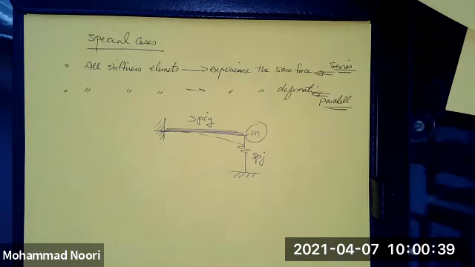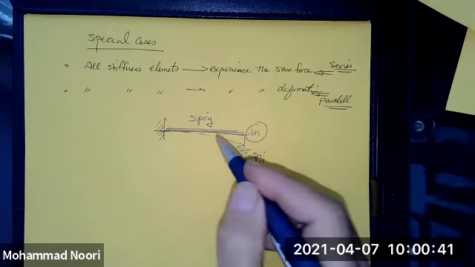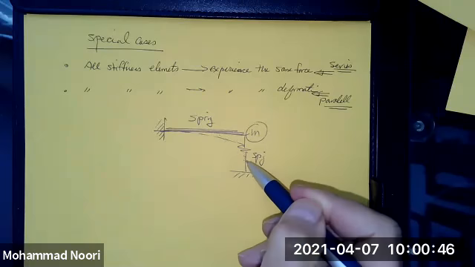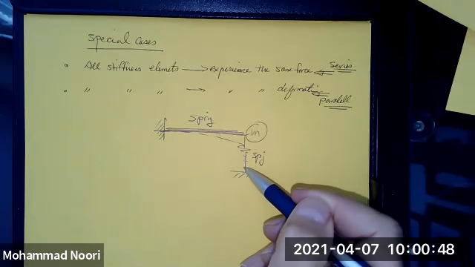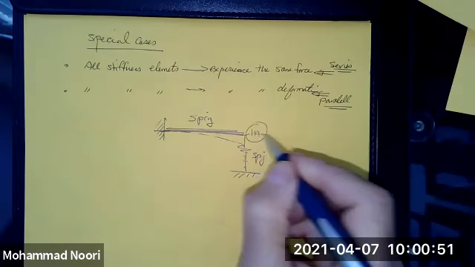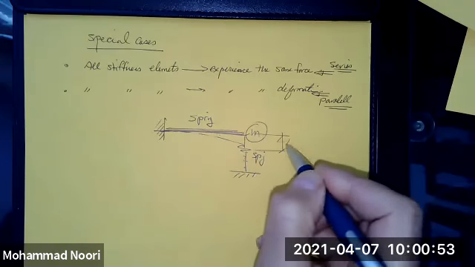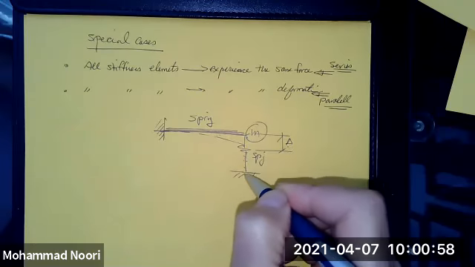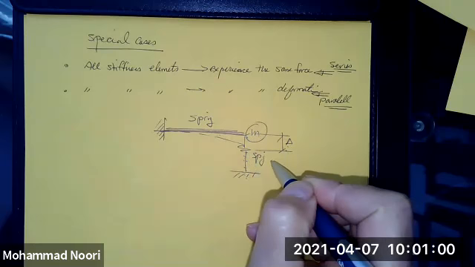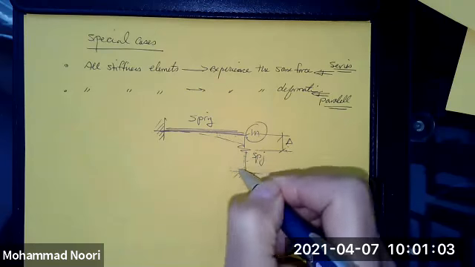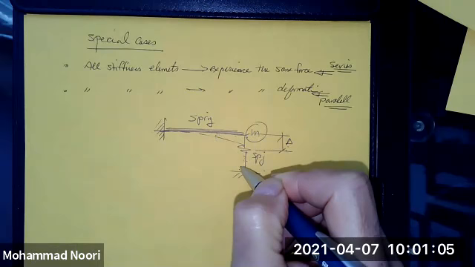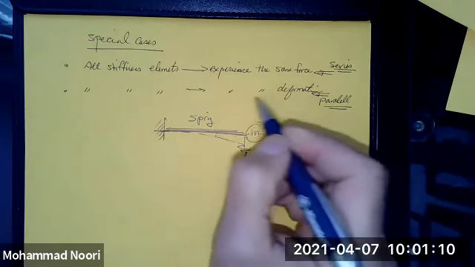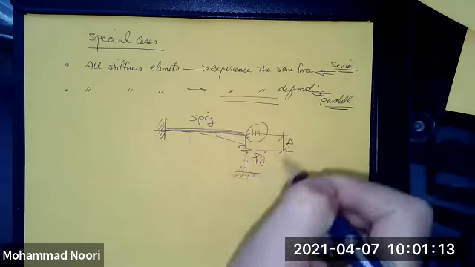These two springs are neither parallel nor attached in series. However, they experience the same deformation. If this beam goes down delta, this spring experiences the same delta. So these two are in parallel orientation.